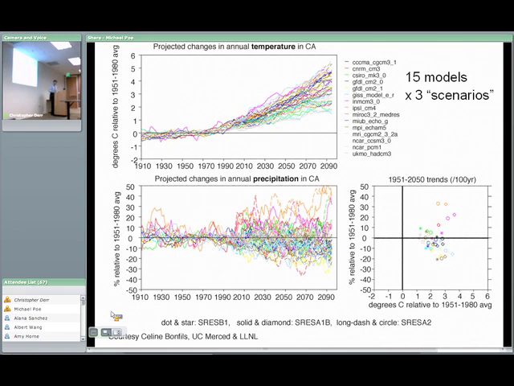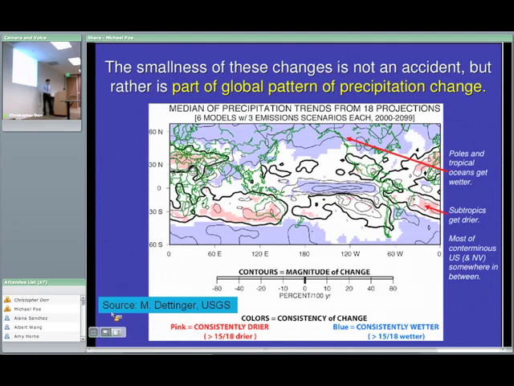Now the reason for that, I got to show you. The reason for this complete uncertainty is an accident of geography, and this is showing you from the same models temperature trends on a larger scale. It's hard to see the colors here, but the models agree that the high latitudes are going to get wetter. They agree that the subtropics are going to get drier.